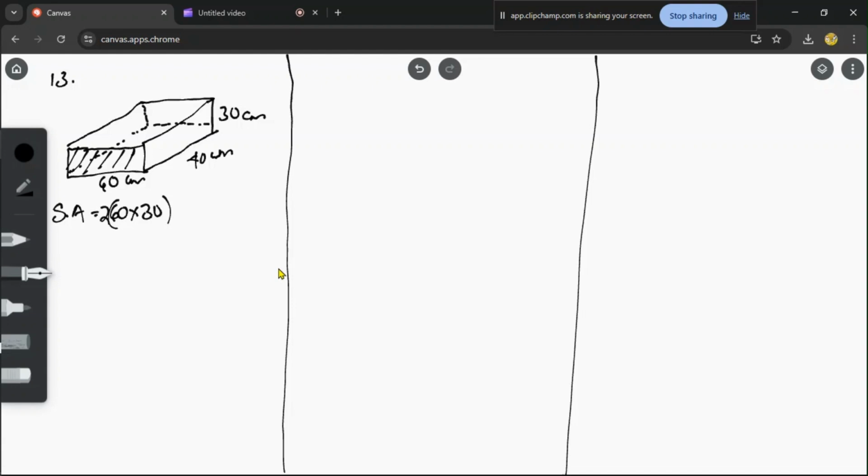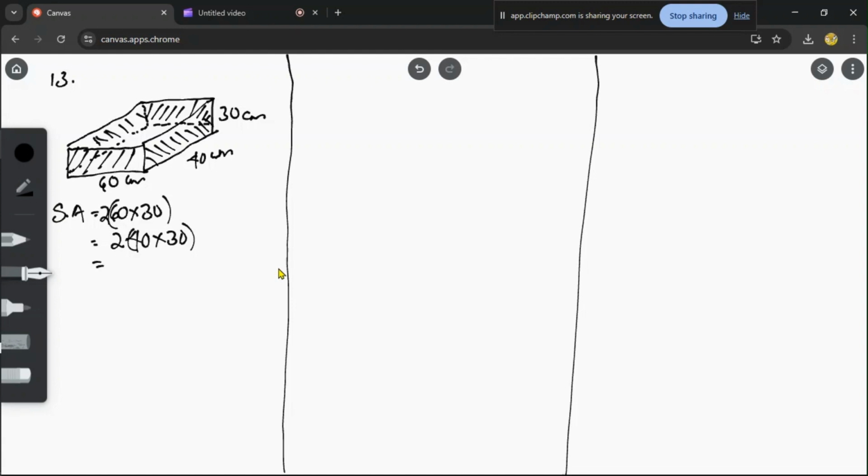This is this face together with the other face on the other side. If I come to this side, it measures 40 by 30. So I'll say 40 multiplied by 30, and we have two faces, this side and the other side, so there are 2. Then I come to the upper part and the bottom part.